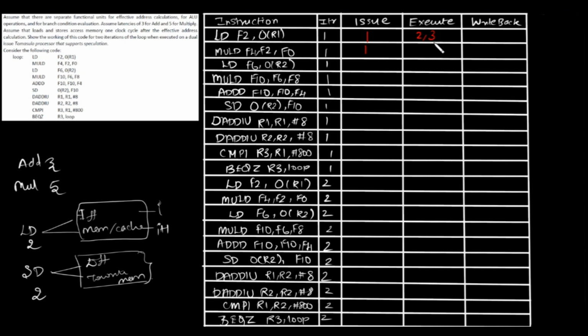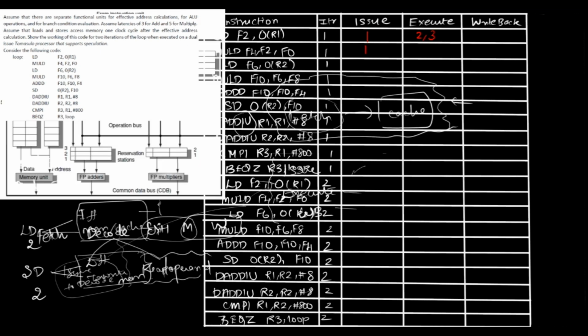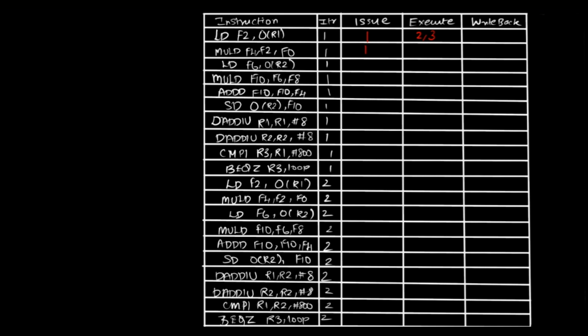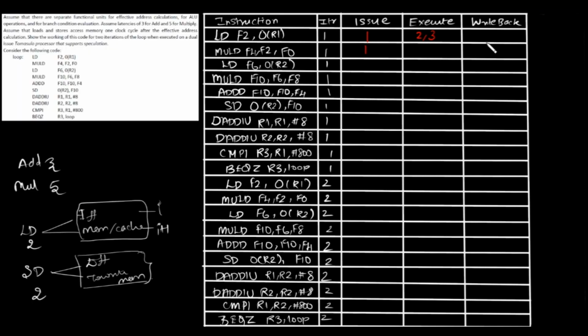After fetching from the memory, we put it in the load buffers, as you can see in the architecture, and write it to our CDB, and then the CDB writes it to the respective register in the register file. So load has a write back stage too, and in the 4th clock cycle the load will complete.